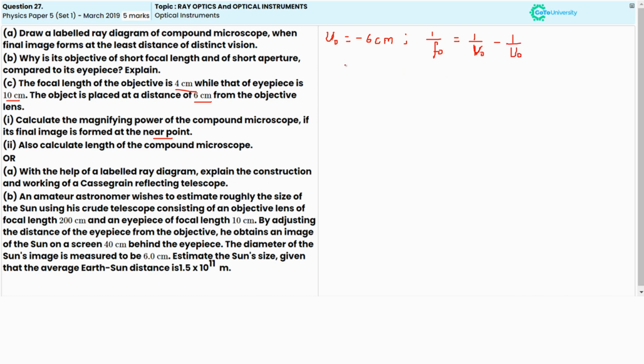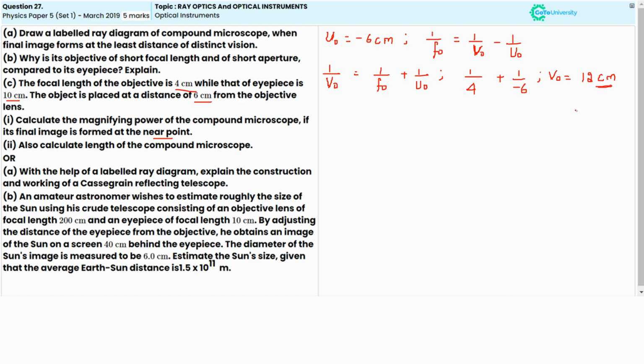Then 1 upon v naught is equal to 1 upon f naught plus 1 upon u naught. By substituting the values, that is 1 by 4 plus 1 upon minus 6, we get v naught is equal to 12 centimeter.